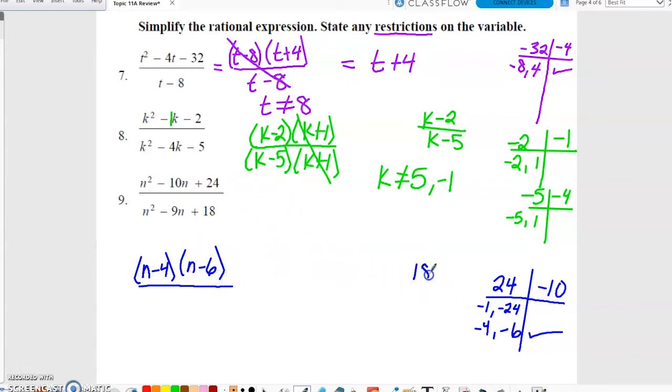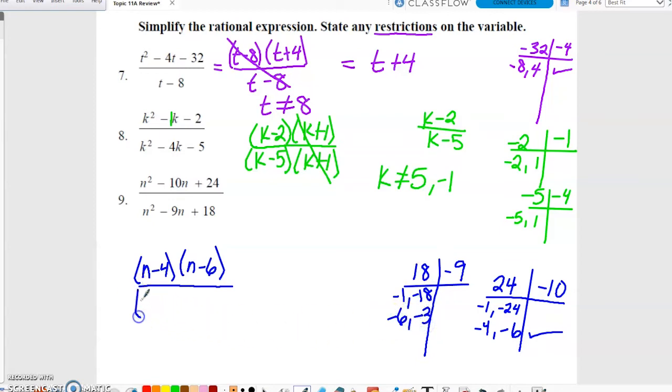Denominator is going to be 18. Factoring 18, looking for a sum of negative 9. So same thing, I'm going to end up with two negative factors. So for example, negative 1 and negative 18. But the pair that we want for this is going to be negative 6 and negative 3.